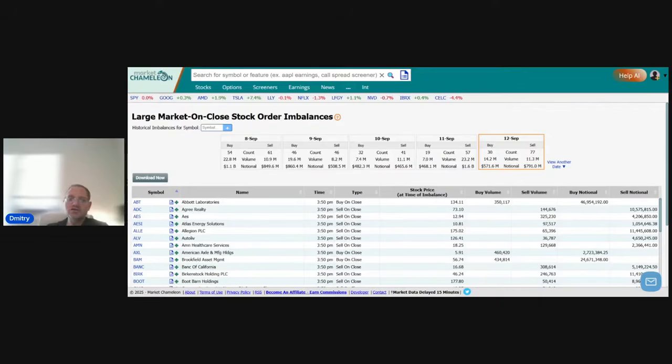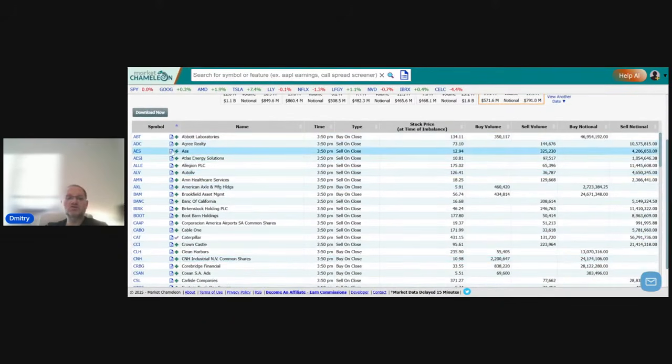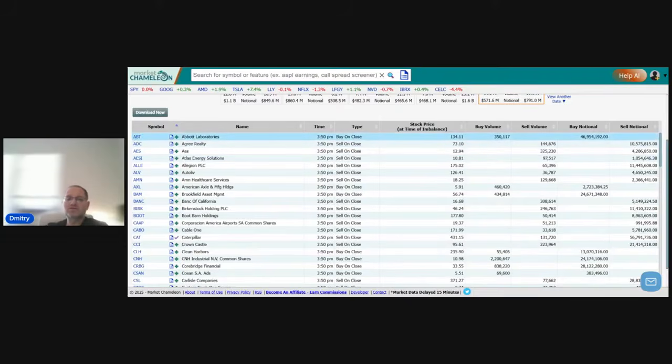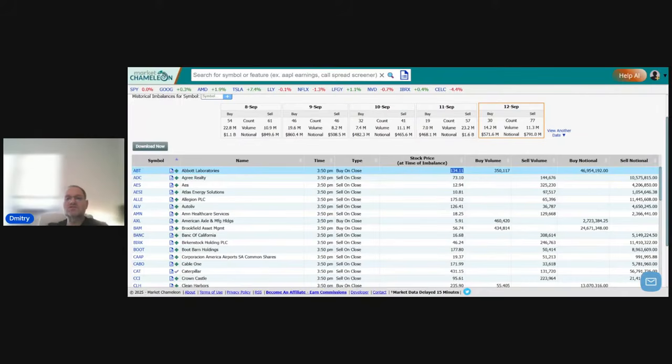Okay, so here, as you can see, we just have this report, reading from left to right. This is the symbol. This is the time the indicator came out at, 3:50. The balance was on the buy on close. The stock price at the time at 3:50 that they came out was $134.11. And the buying balance was 350,117 shares.